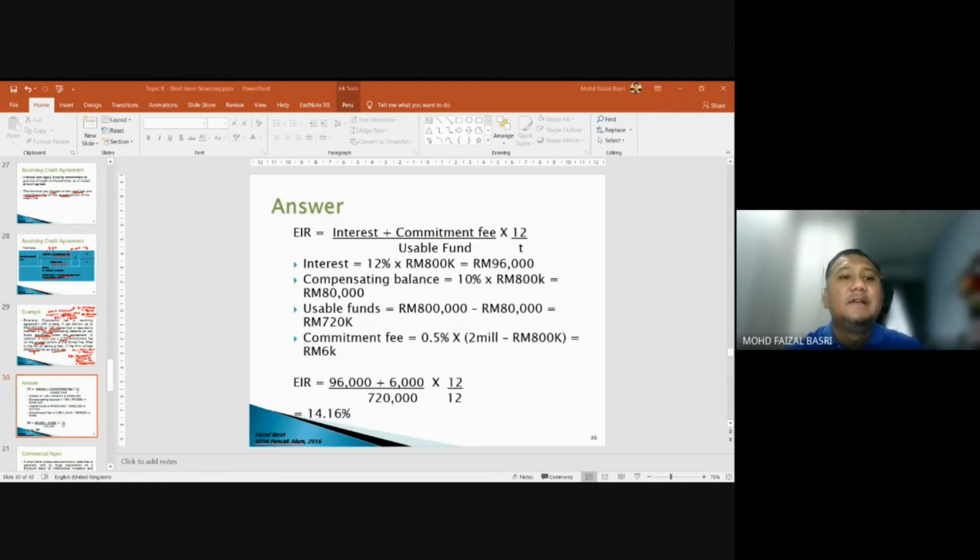But remember, this 500 consists of 400,000 principal and 100,000 the unused portion. Okay, and the interest kita guna the principal. So 400,000 times 8%. And this is for 6 months. So it's 16,000 ringgit.